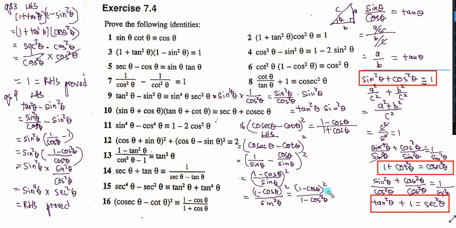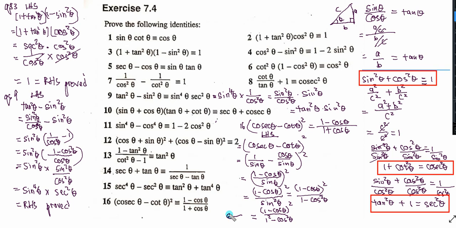Okay, now let's proceed from here. Let's look at this identity, 1 square minus cosine square theta.